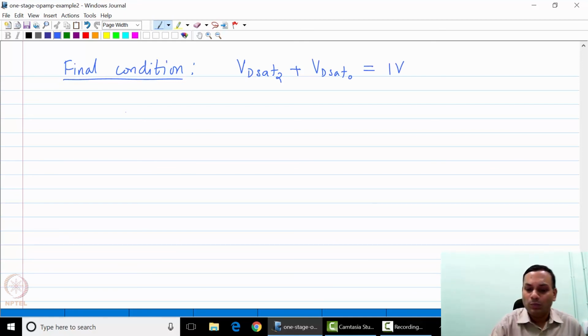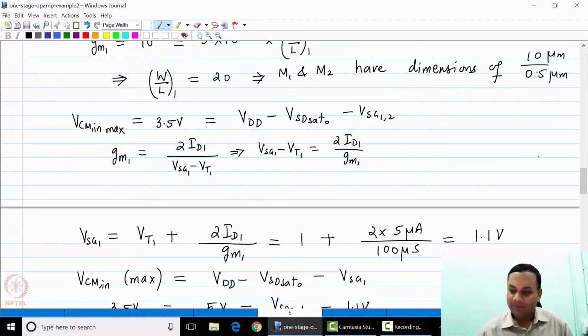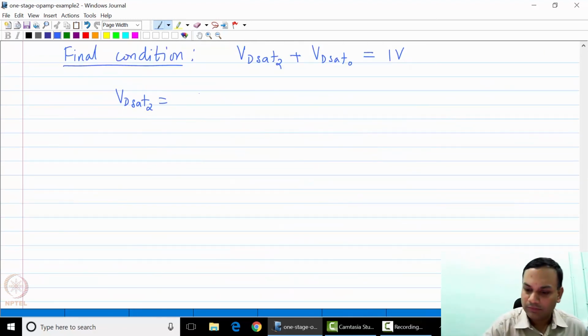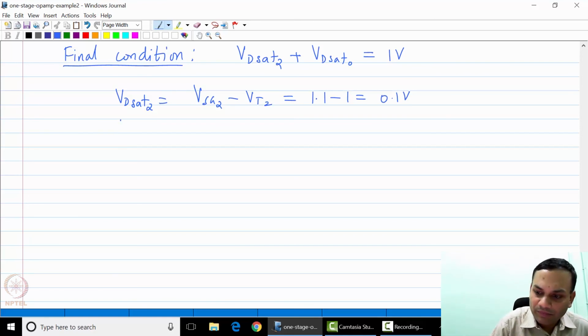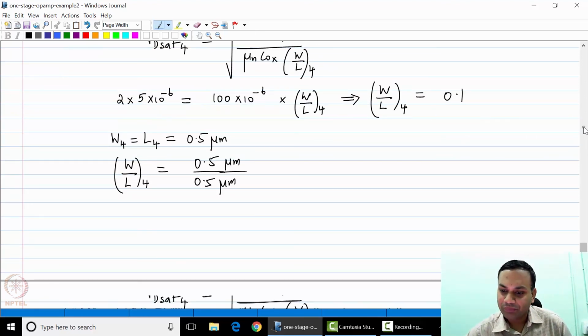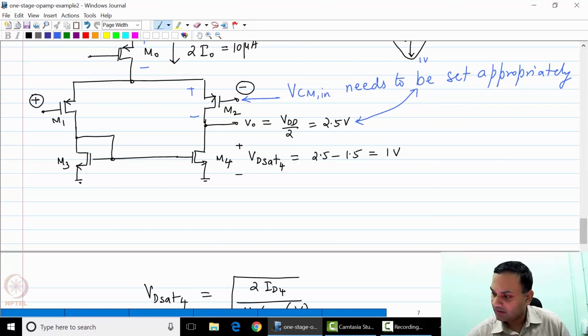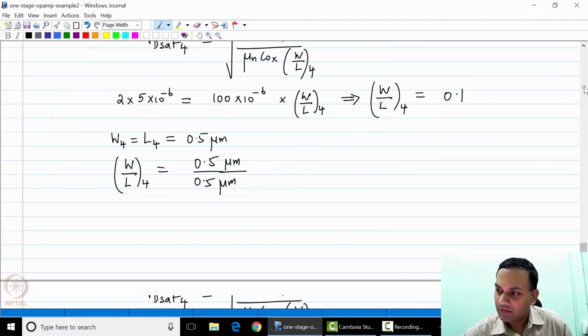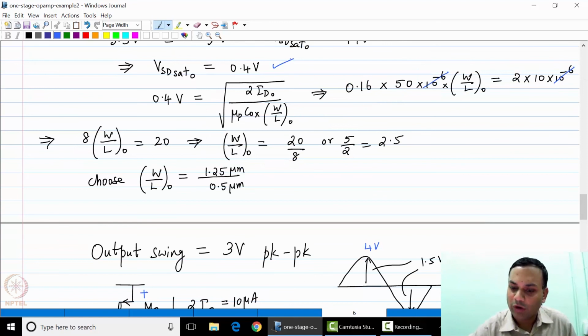Let us check if this is true. VD sat 2. So we have seen that VSG1 is 1.1 volts, which is the same as VSG2. And VSD sat 0 is here, which is 0.4 volts.